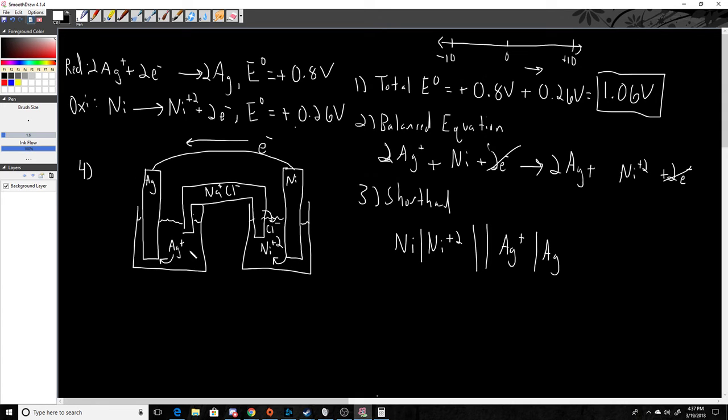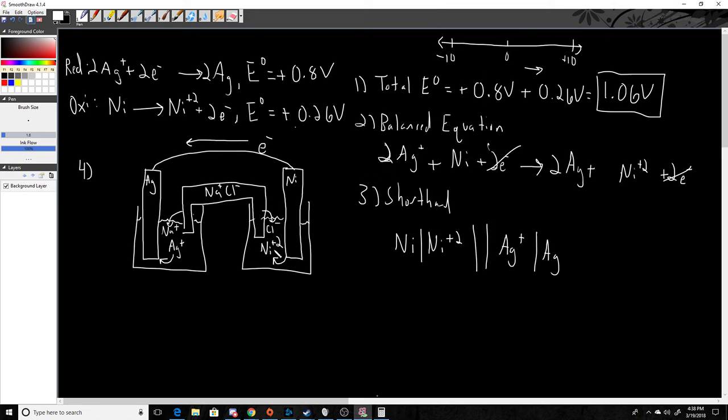Over on this side, I'm losing positive ions, okay? And I can't take away from what's in the beaker, but if I'm losing positive ions here, if I want to keep this balanced, I just need to replace those positive ions. So in this case, since my salt bridge was sodium chloride, the sodium ions are going to go into the solution over on the silver side, the chloride ions are going to the nickel on the other side.